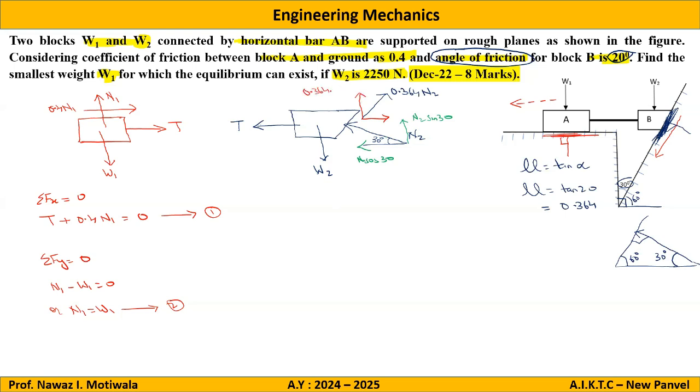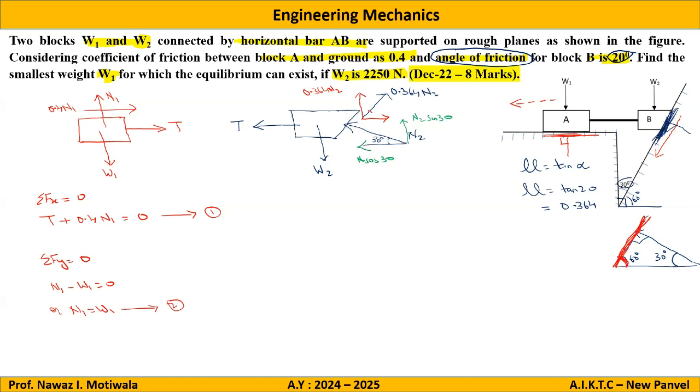So this will be 0.364 N2. Now regarding the angle, if you observe the diagram on the right hand side, this is the plane on which it is sliding. And we are given that this plane is making an angle of 60 degrees. We just now found out that this angle is 60.